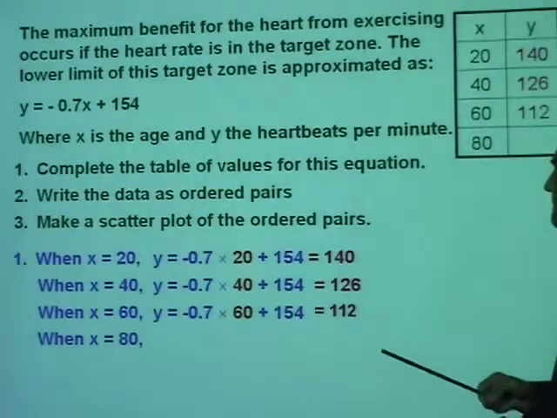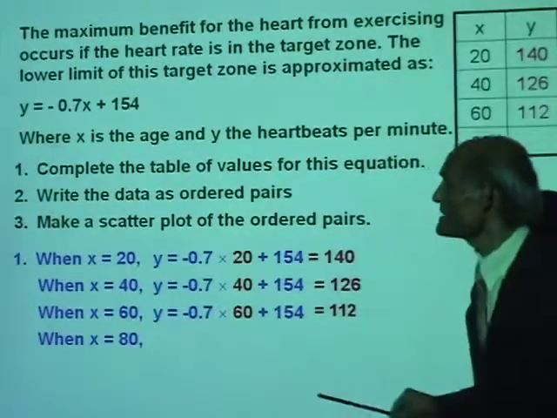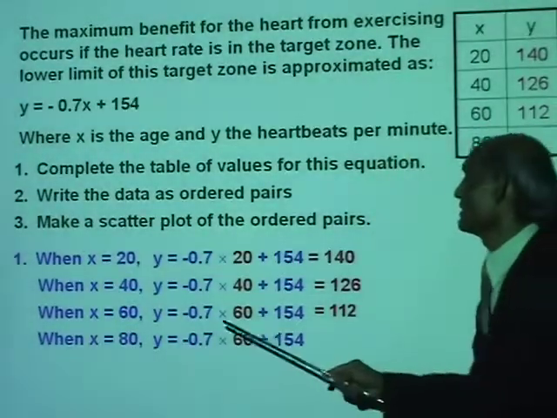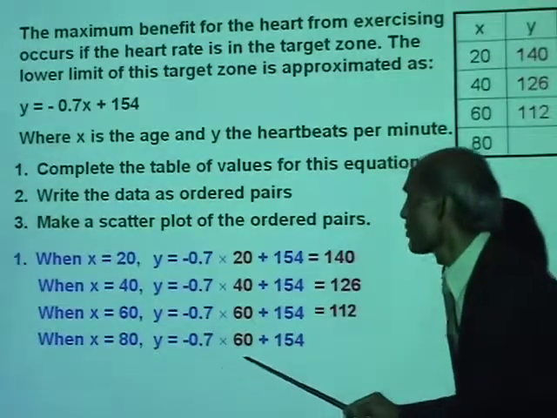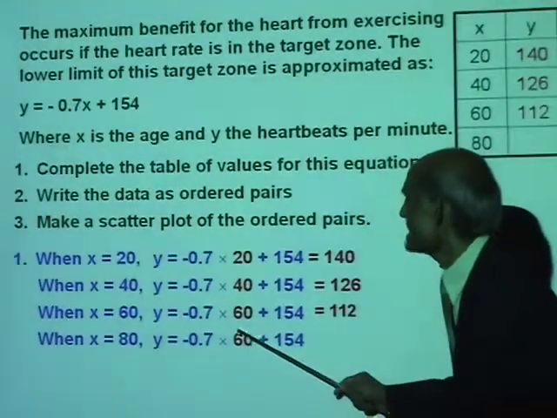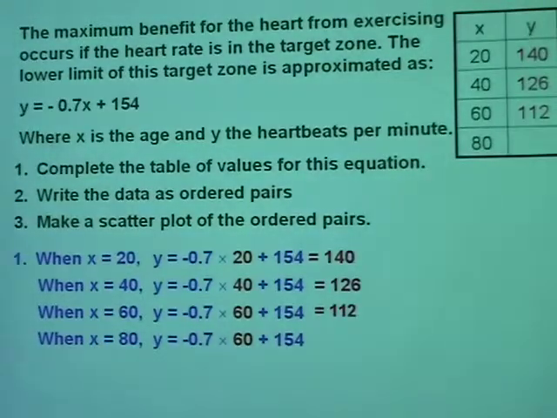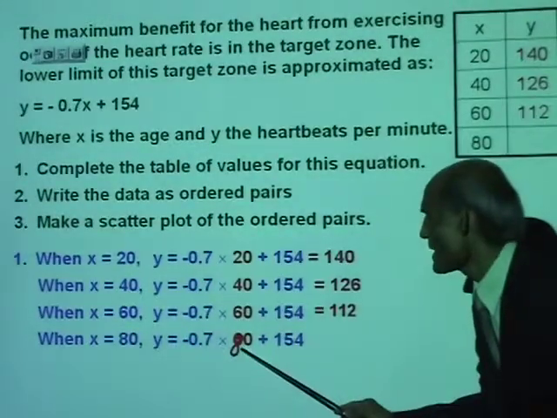Okay? When x equal to 80, put x equal to 80, and what do you get? Y equal to negative 0.7 times 80. That must have been 80. You need to make a small correction there. That's not 60, that will be 80. Okay. Negative 0.7 multiplied by 80.